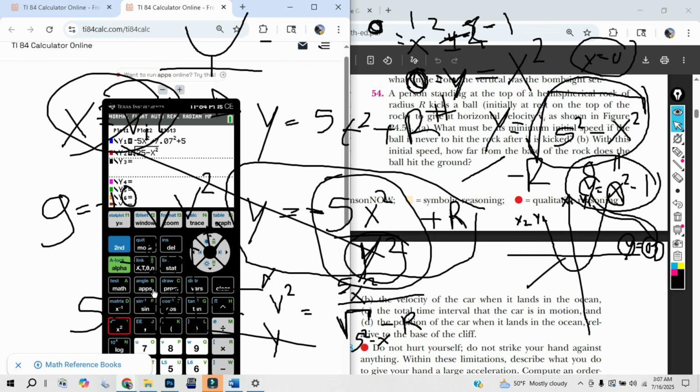Holy hell. Whatever I hit, I don't want to hit that again. So we have 5x squared divided by, parentheses, square root of 25 minus x squared. I just did a backspace.